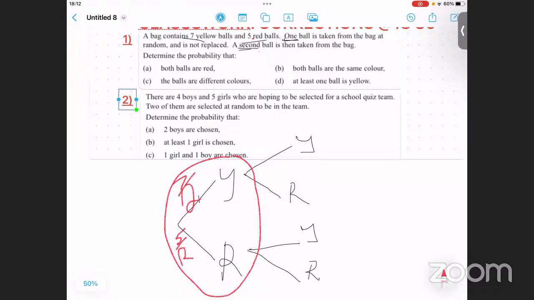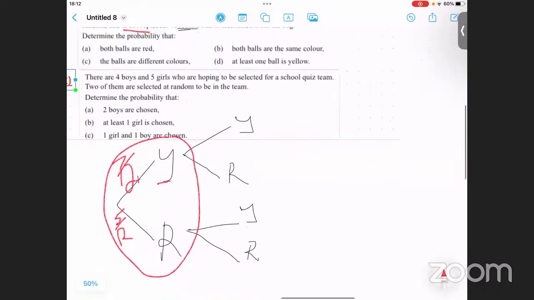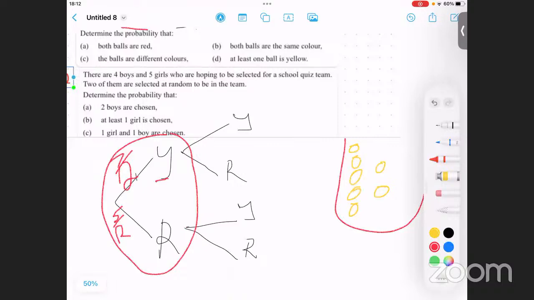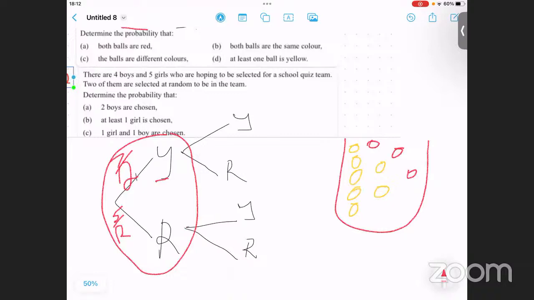Okay, and then the second one, we're going to focus on this one. Given that the first ball that you take from the bag is yellow, remember, there's no replacement. There's no ball that is going to be replaced. So let's draw it: we have 1, 2, 3, 4, 5, 6, 7 yellow, and then we also have 5 red, 1, 2, 3, 4, 5.